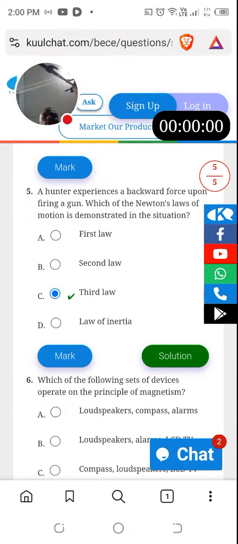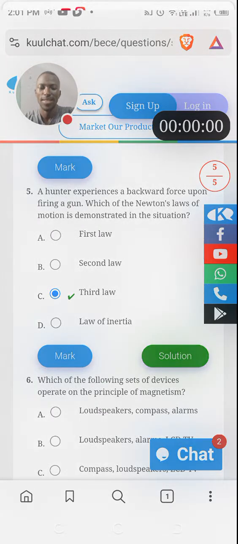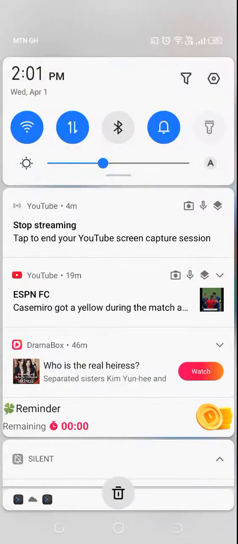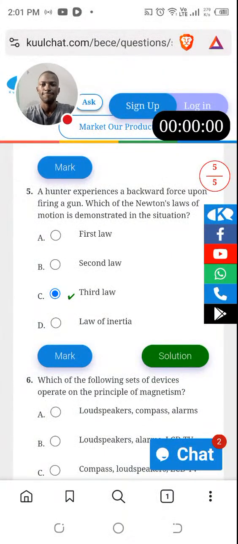According to Newton's third law of motion, to every action, there is an equal and opposite reaction. So definitely that is what is being demonstrated here. Good, let's move on.